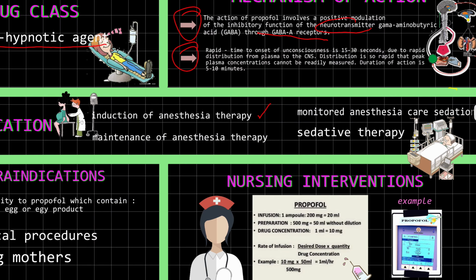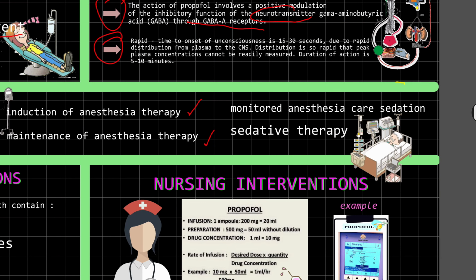Next, maintenance of anesthesia therapy. In terms of maintenance and induction of anesthesia, propofol is being used again because of its mechanism of action. If you want a rapid sedative/hypnotic agent for your patient, propofol is the drug of choice. Next, we have monitored anesthesia care sedation.